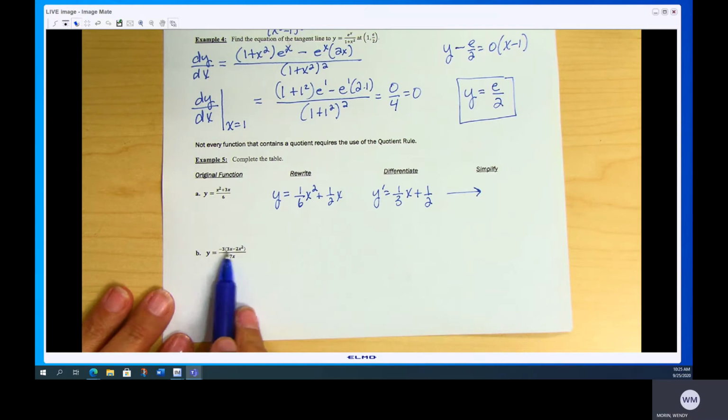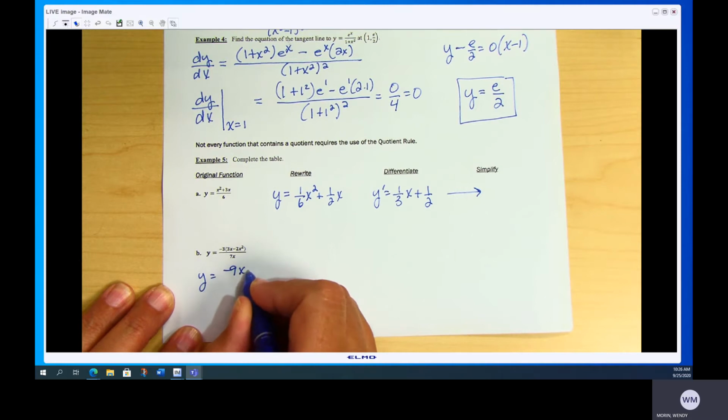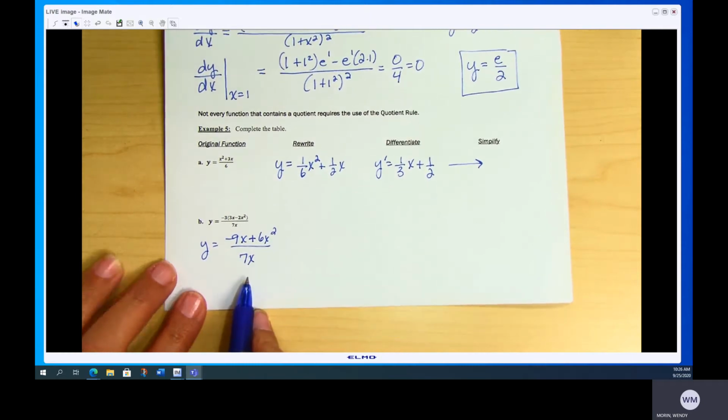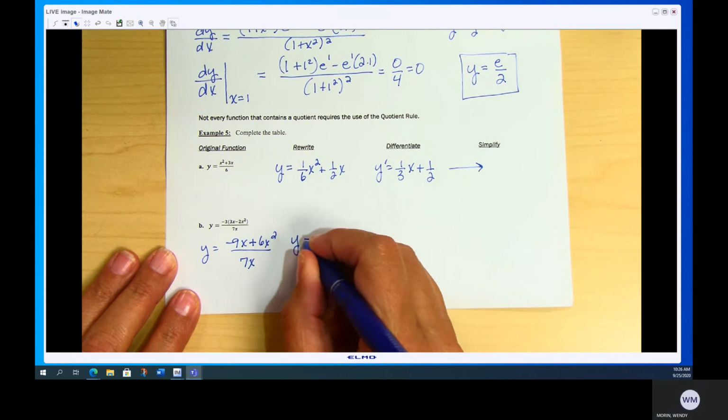For this one, again, I don't want to use product rule, so I can just distribute negative 9x plus 6x squared over 7x, and I don't want to use quotient rule. So again, let's go ahead and split it up, rewrite it.